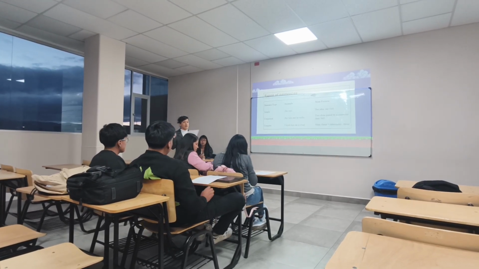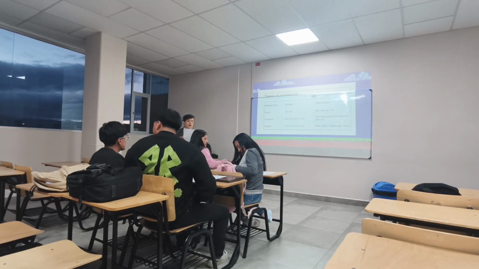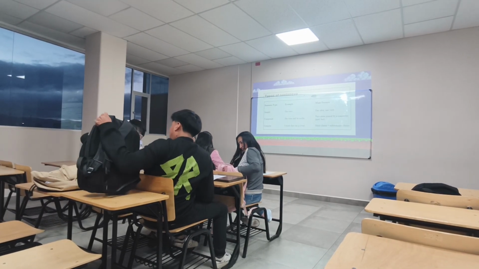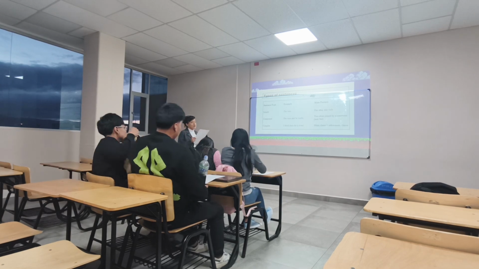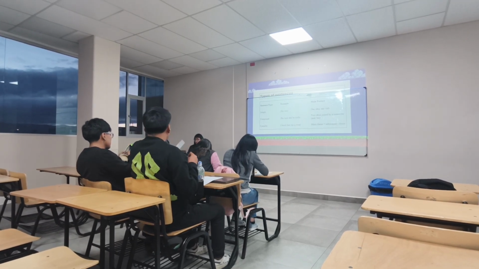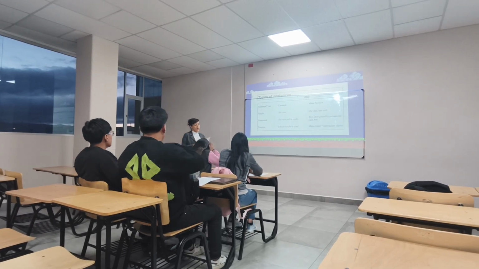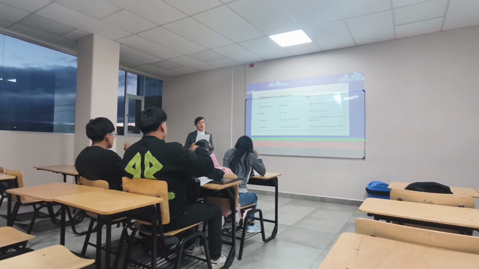Second, underline the main clause. Third, circle the subordinate clause, and fourth, mark with an arrow the connection in each sentence. Okay? You have 5 minutes for finishing the activity.